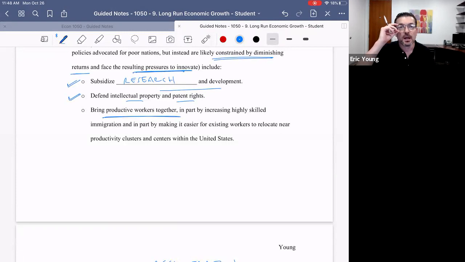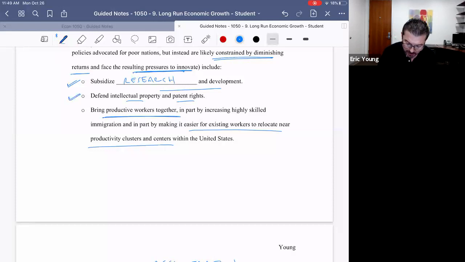So given that, rich world governments can try to pass innovative, clever policies to bring these workers together. They can do it in part by making it easier for existing workers to relocate within the country. So if you're a recent college graduate and you want to go into tech, can we make it easier for you to somehow get rooted in one of those major tech centers in our country?